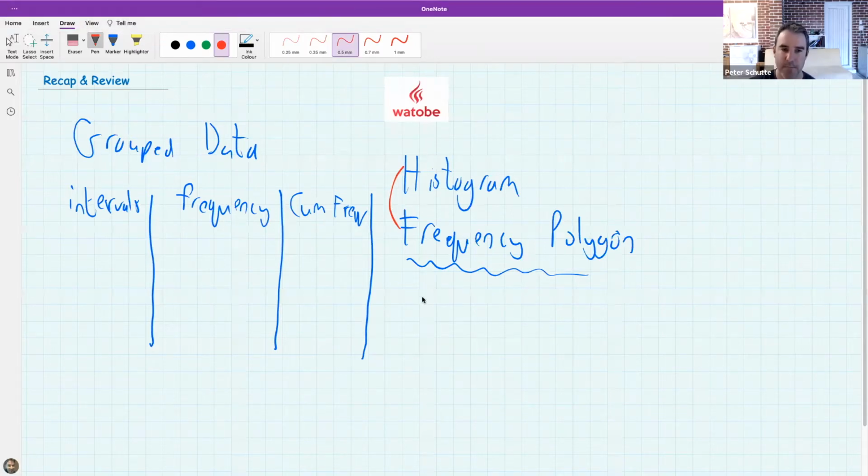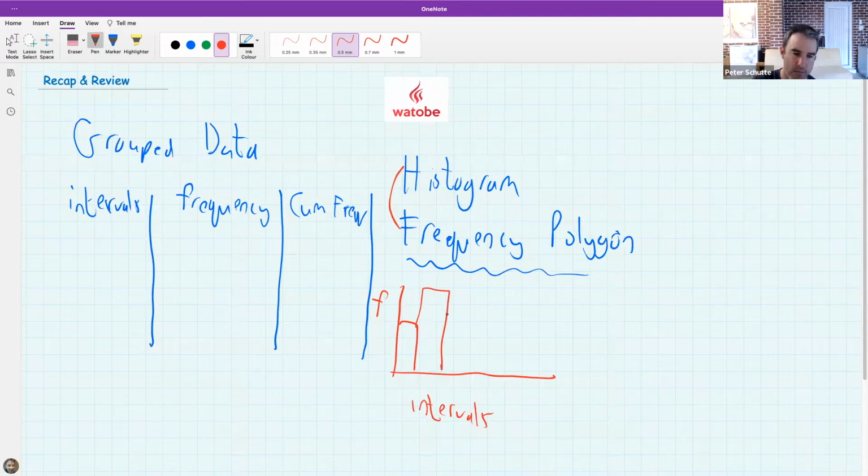To connect the frequency polygon, we put midpoints and connect all of them. Yes. If you have a histogram, it just has a frequency and intervals. If I was drawing one quickly, it might look something like this.